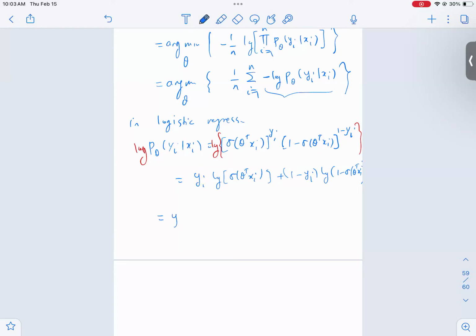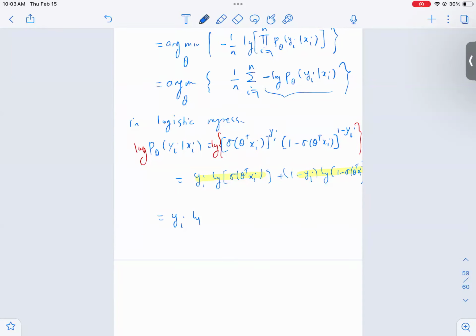There's a log of something minus log of something else, which is the log of the ratio.